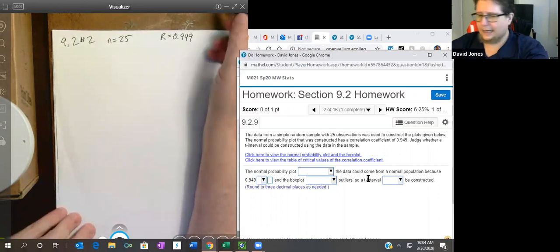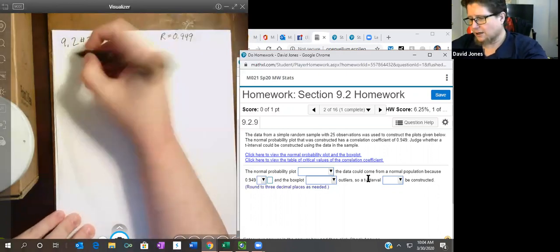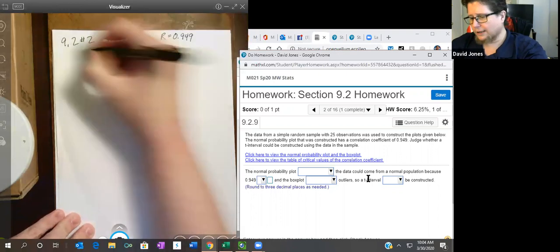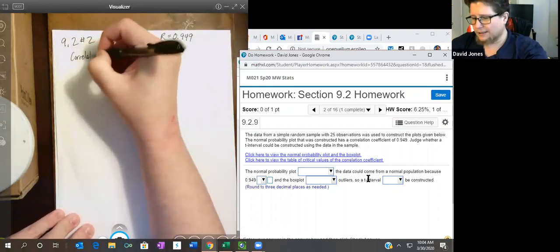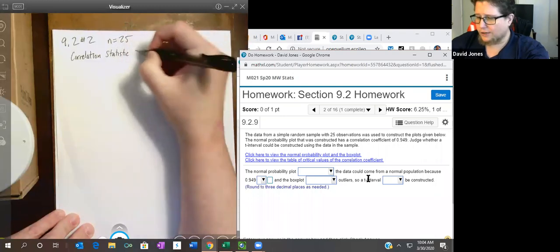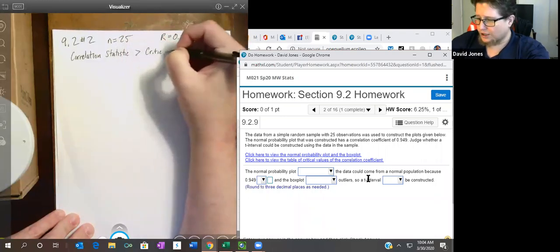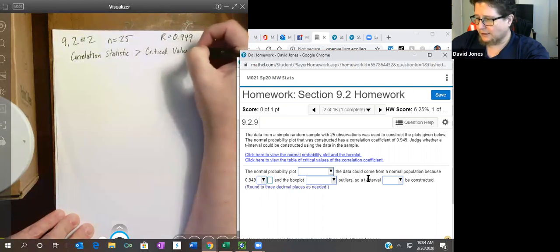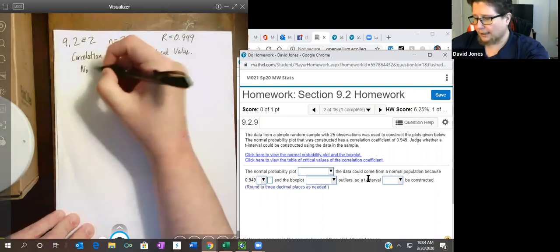So what we need is the correlation statistic. We talked about this in lecture. The correlation statistic has to be greater than the critical value, which is based on n. And we need no outliers on the box plot.